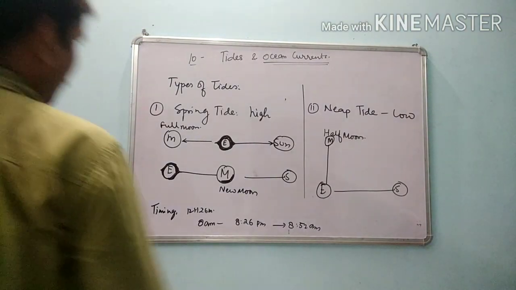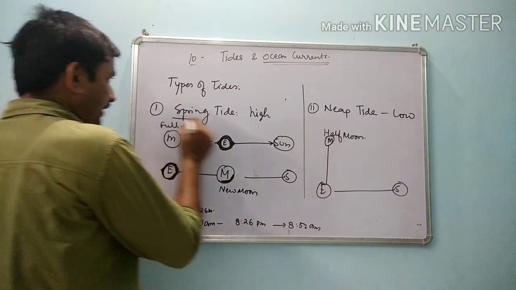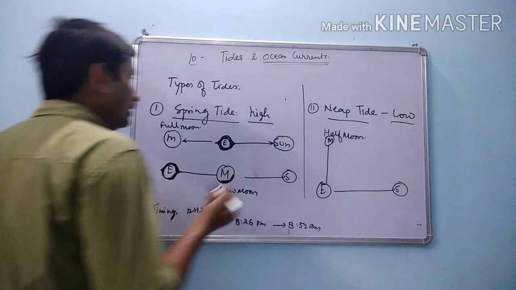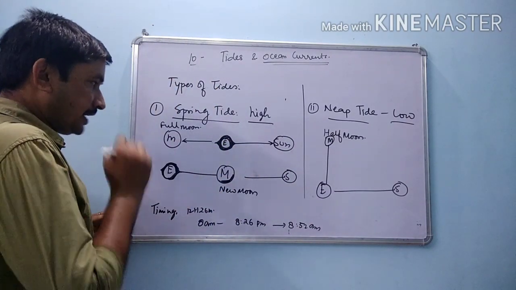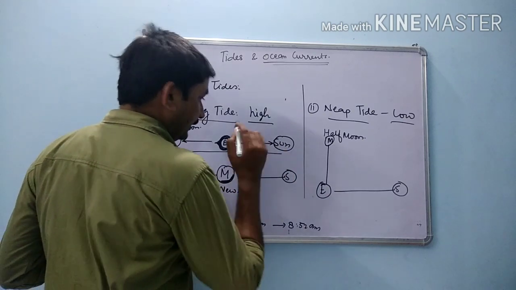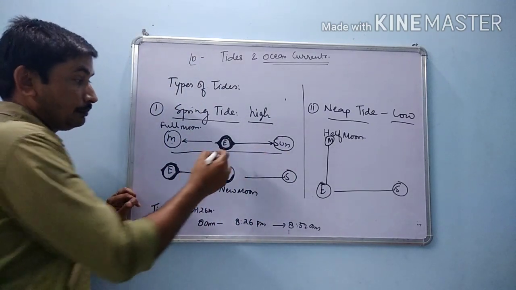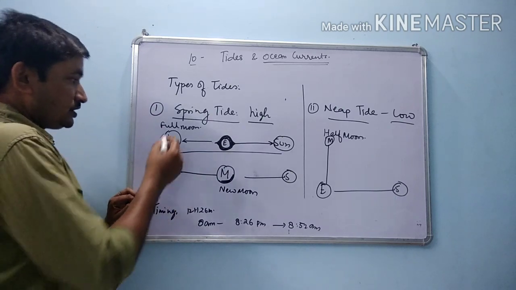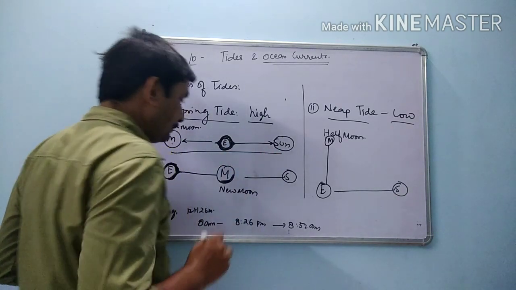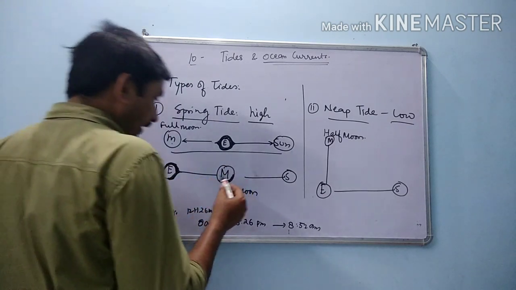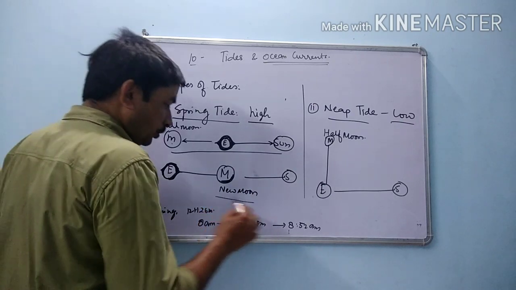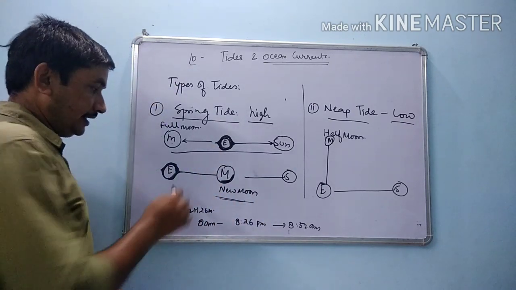Before this I spoke about the types of tides. We have the spring tide or high tide, and the neap tide or low tide. A spring tide occurs when the moon, earth and sun are in a straight line, making a 180 degree angle. On full moon day, the earth is between the moon and sun, and it is a high tide. Second, when the moon is between the earth and sun on new moon day, it is also a high tide in a straight line.